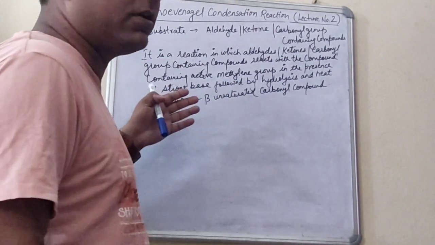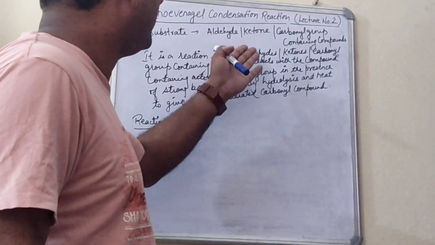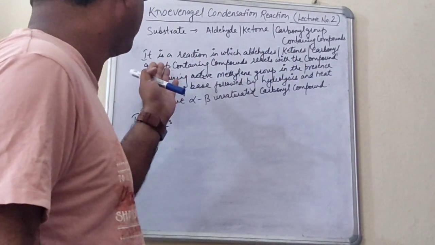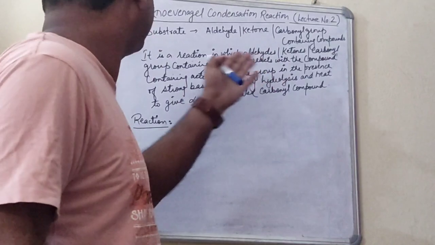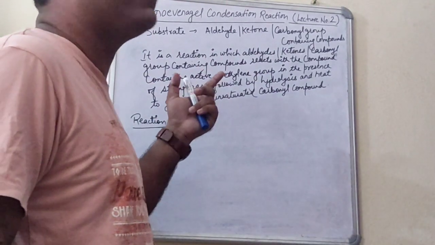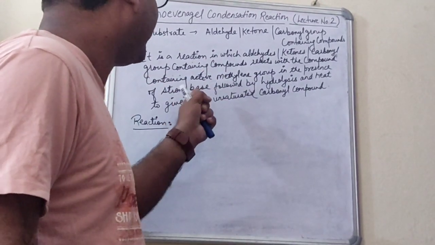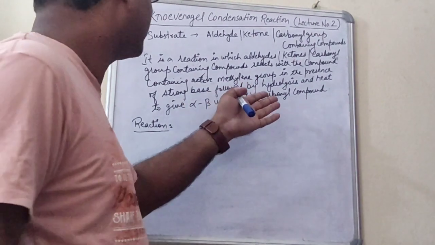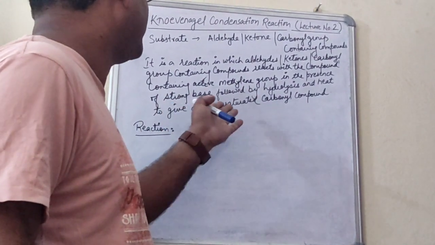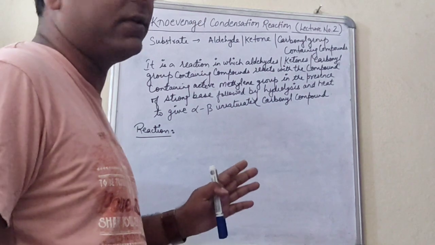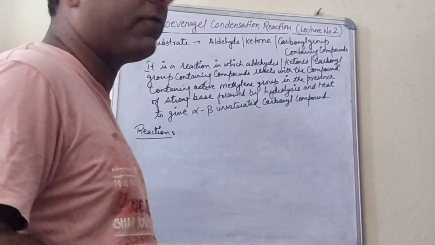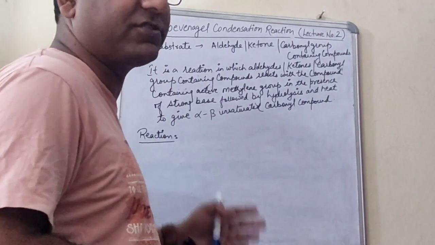And what is this reaction all about? It is a reaction in which the aldehyde, ketones or carbonyl group containing compounds react with the compound containing the active methylene group in the presence of a strong base, followed by hydrolysis and heat to give the alpha beta unsaturated carbonyl compound. Right, now let us see the reaction, what actually the Knoevenagel condensation reaction is.